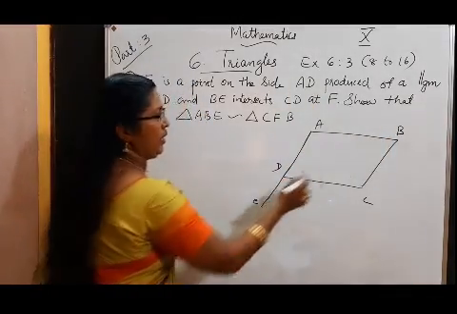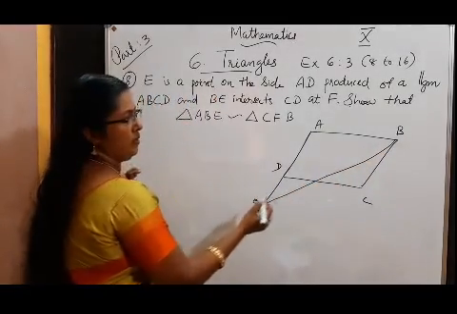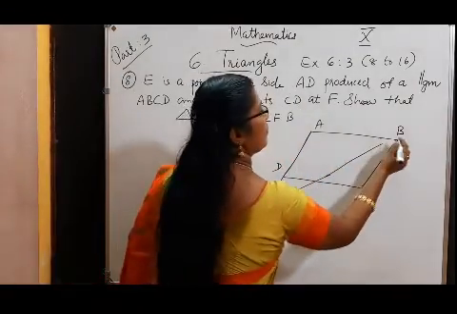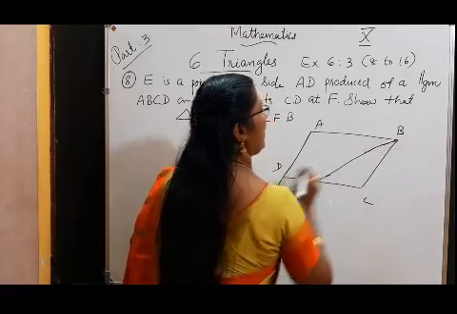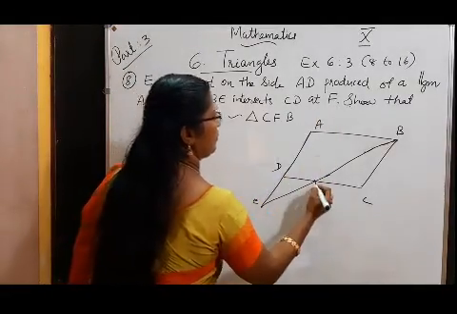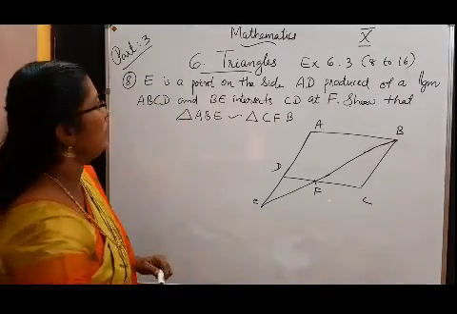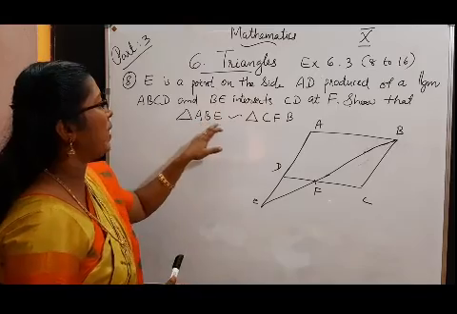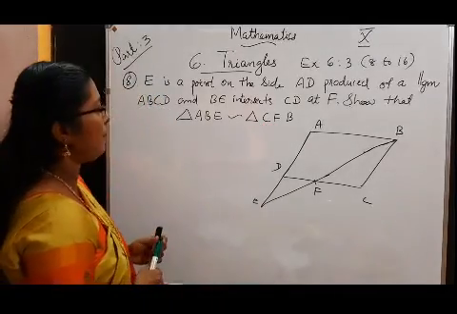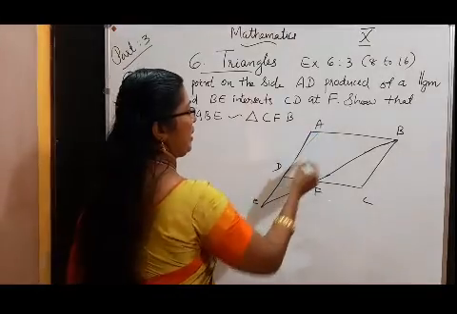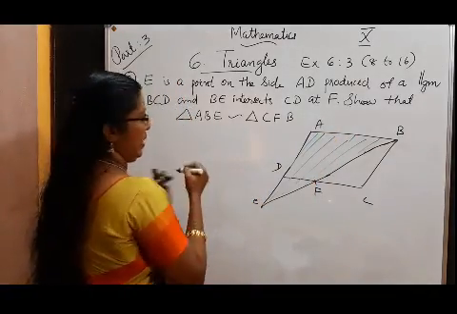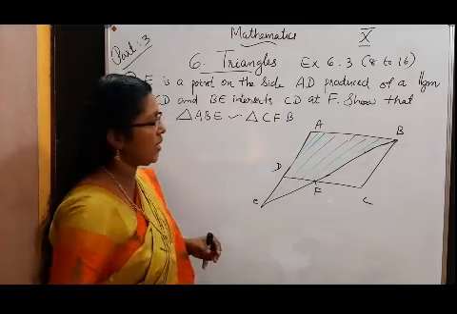Join B to E, a straight line BE. BE intersects CD, and the meeting point is F. Our aim is to prove triangle ABE is similar to triangle CFB.